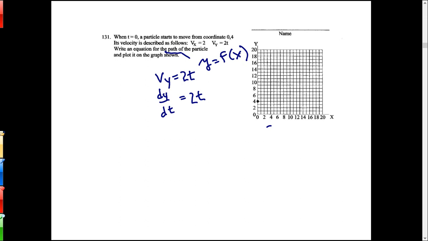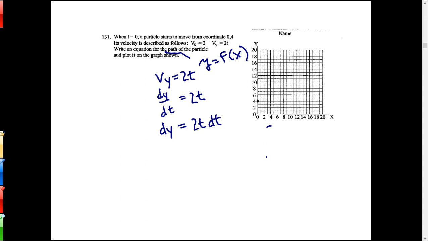You okay with that? That's just Vy as dy/dt, a different way to write it, but it indicates what the next step is. So the change in y is equal to 2 times whatever the time is, times the change in time.